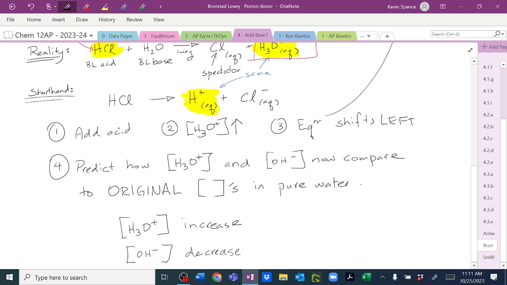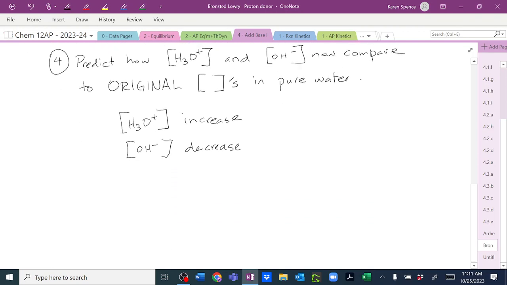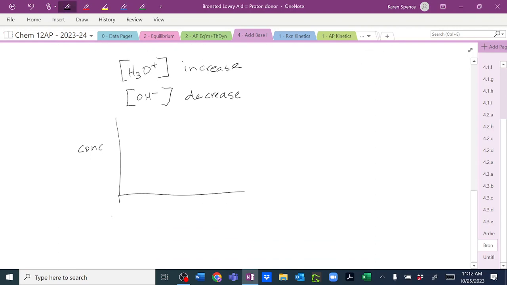Could we draw a concentration diagram for that? Yes, we could. So initially we have pure water. We have the hydronium ion concentration and we have the hydroxide ion concentration.